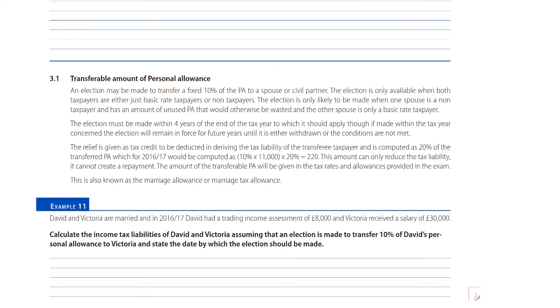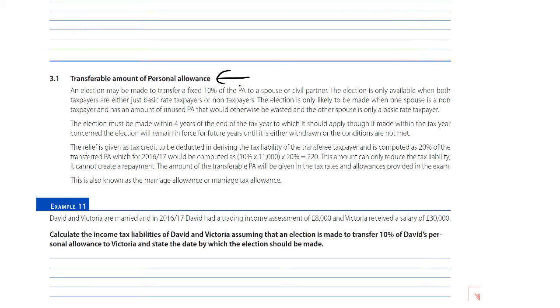As you see on the note here, there is a transferable amount of that personal allowance. Now, this is a fixed amount. Clearly it would make sense if one spouse had an unused personal allowance that we had the ability to transfer some part, if not the entirety, of that unused personal allowance to be used by the other spouse.